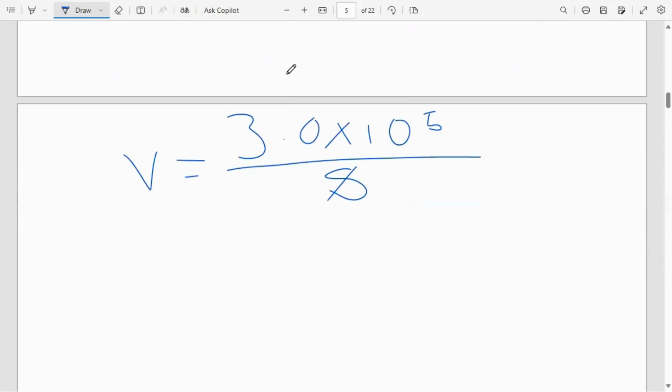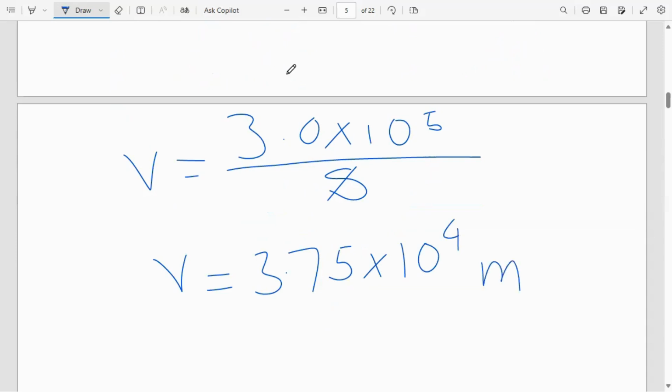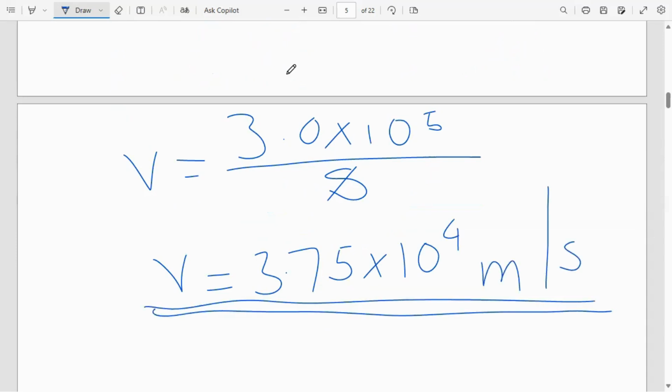So we're going to get a velocity of 3.75 times 10 to the power 4 meters per second. That is the velocity the trash can needs to gain the same momentum as the garbage truck.